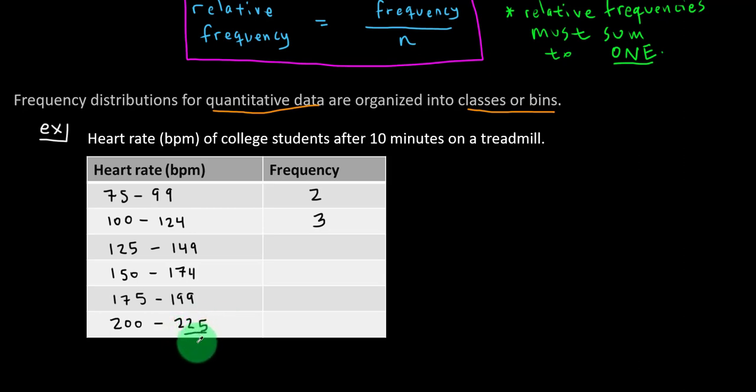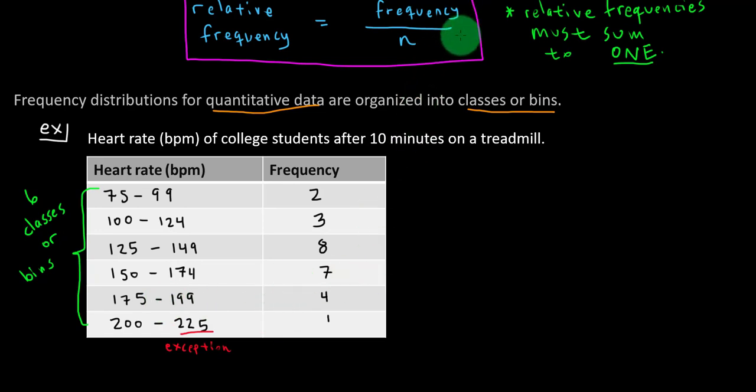So this is sort of an exception to the rule right here. A little exception. I'm going to go ahead and fill in the rest of these frequencies. I kind of got lost there. 8, 7, 4, 1. There are 6 classes or 6 bins. Each of these is representing a class or a bin.